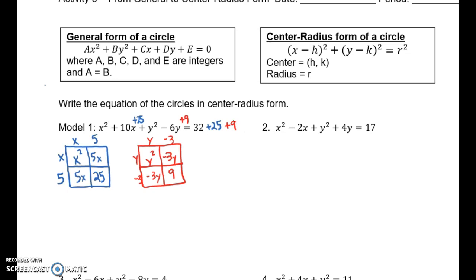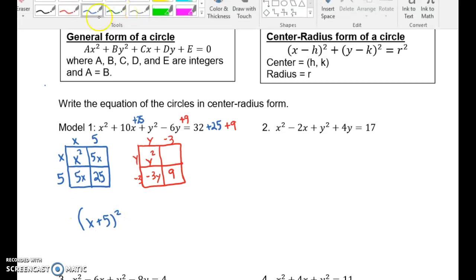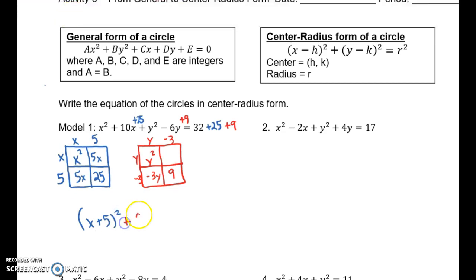Now the nice thing about setting up the area model is that the next step is to factor, and we've already done it. We've already taken that step kind of out of the works here. So I'm going to take this x quantity, it's x plus 5 squared, and I'm going to do the same thing with the y's. So plus y minus 3 squared, and put these together.